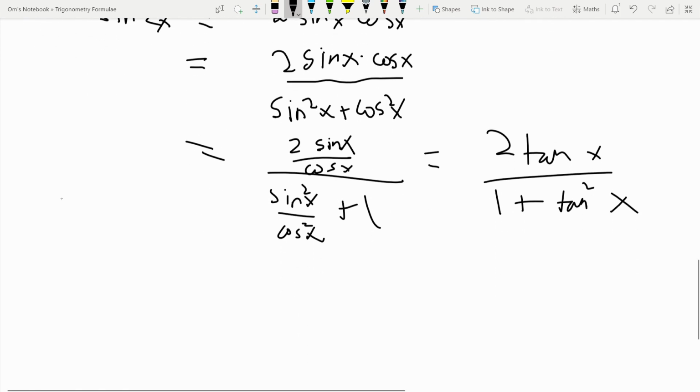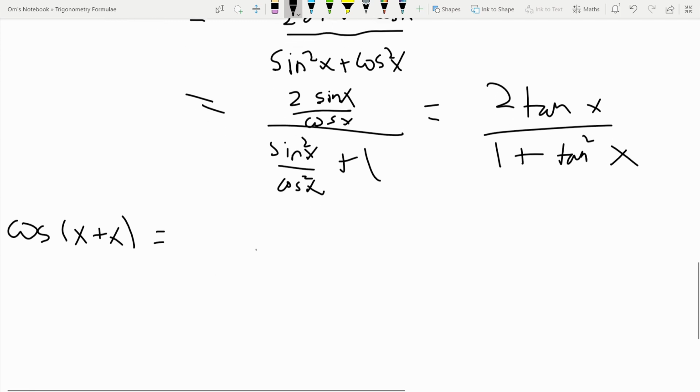So next is cos 2x, which again we're going to write as cos of x plus x. There are many forms of this identity, which makes it pretty important, so we're going to look at each of them. This is cos a cos b minus sin a sin b, right?